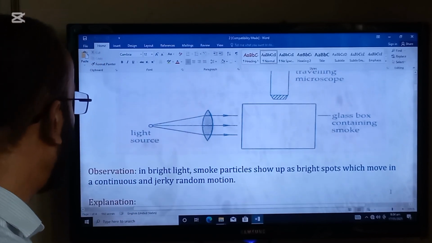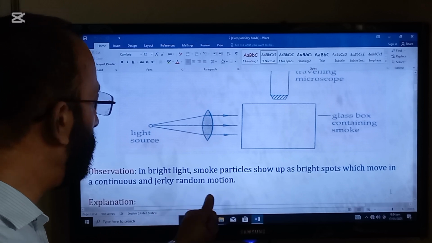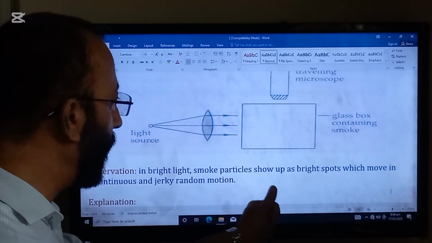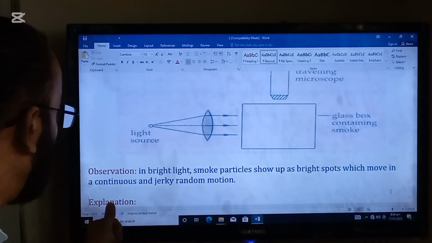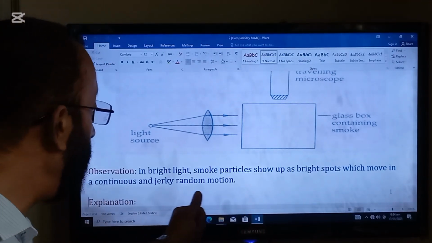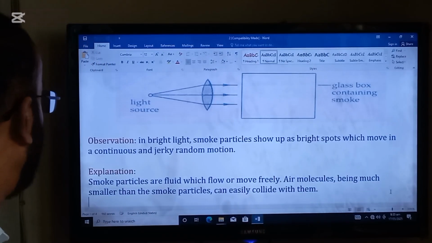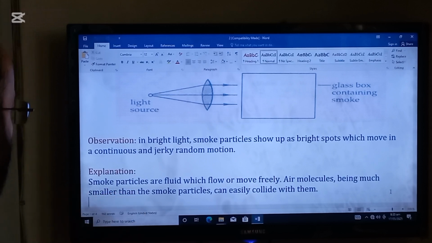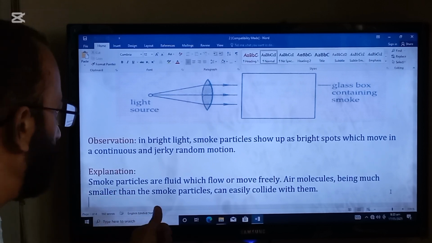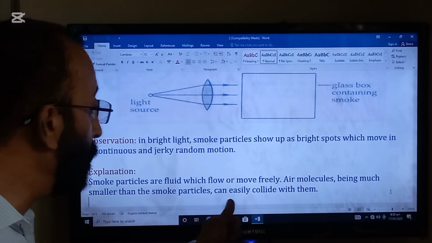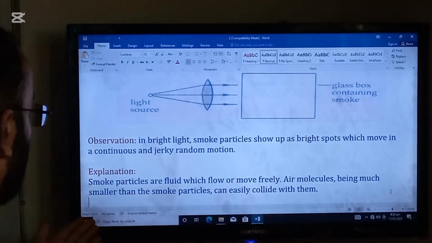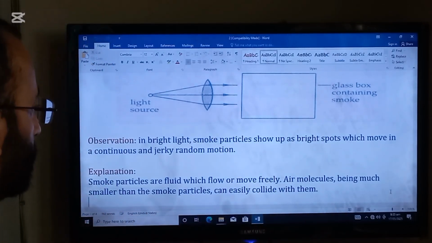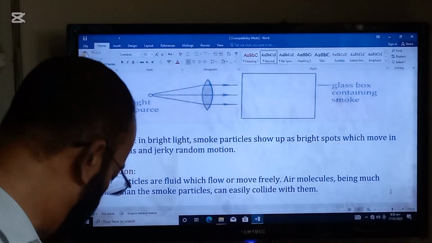Observation. In bright light, smoke particles show up as bright spots which move in a continuous and jerky random motion. Explanation. Smoke particles are fluid, which flow or move freely. Air molecules, being much smaller than the smoke particles, can easily collide with them.